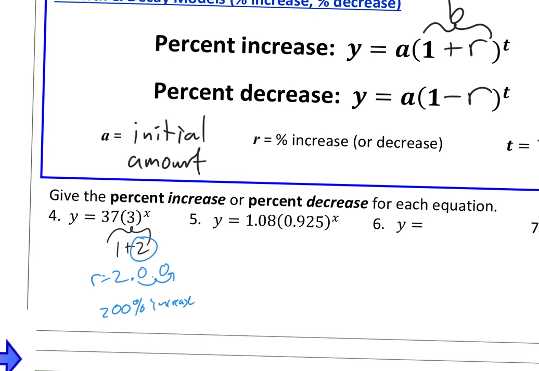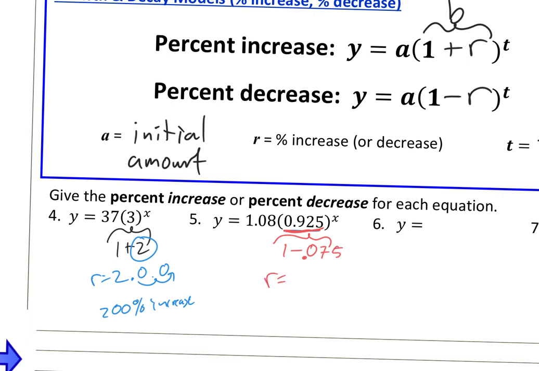For number 5, we have to figure out how we could rewrite that, I'll do it in red this time, as 1 plus r, or 1 minus something. And so what would we have to do? What would we have to subtract from 1 to get down to 0.925? Well, it would be minus 0.075.